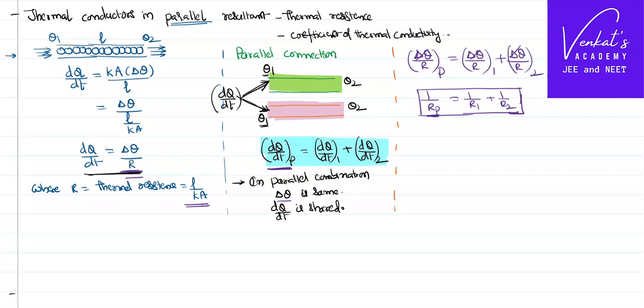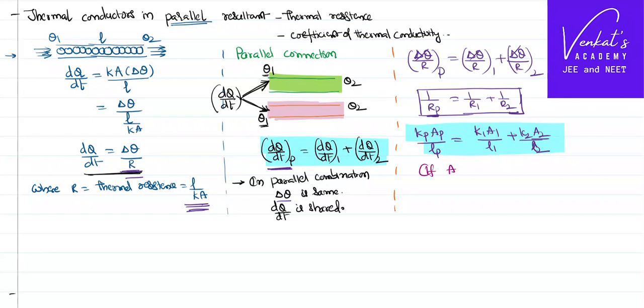So 1 by R parallel gives K parallel A parallel by L parallel, which equals K1 A1 by L1 plus K2 A2 by L2. That's the general equation for the effective rate of flow. But I can further simplify it by putting in some conditions.